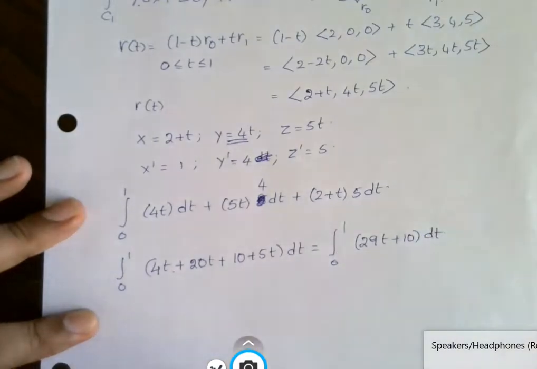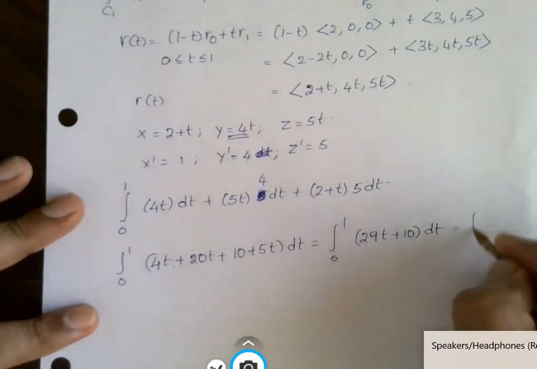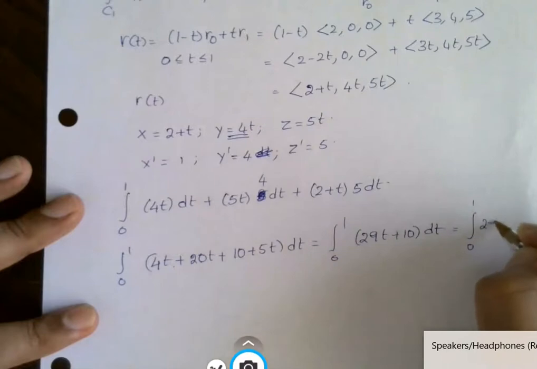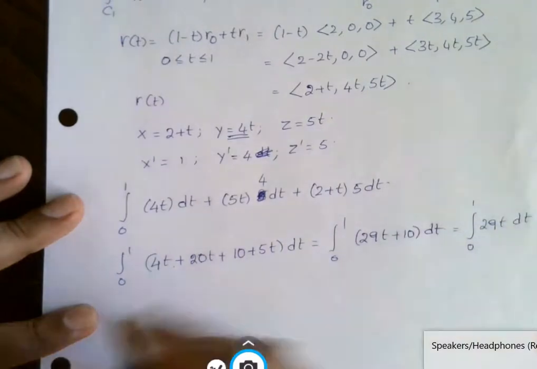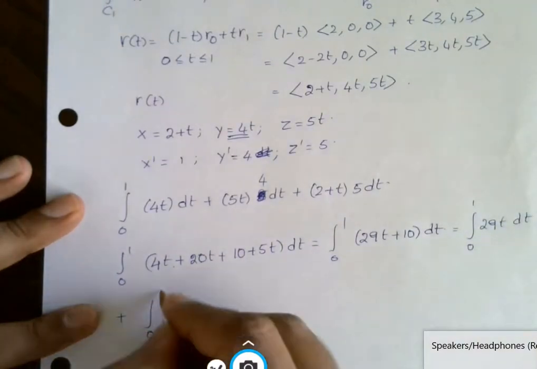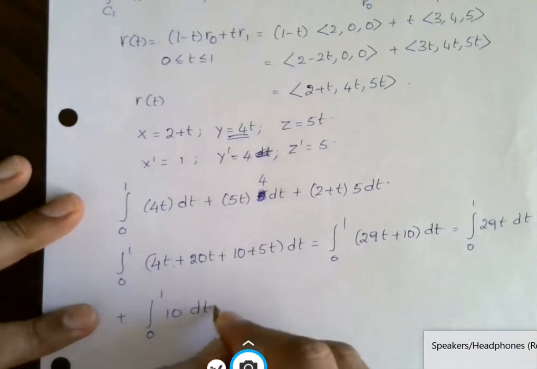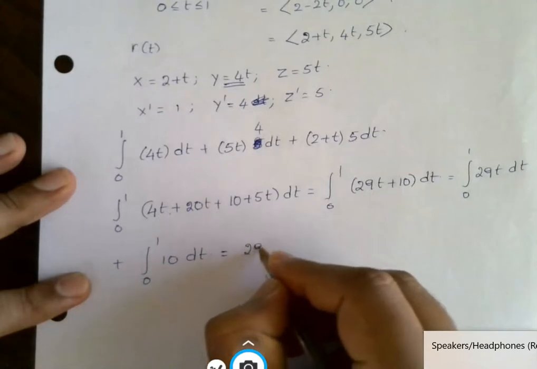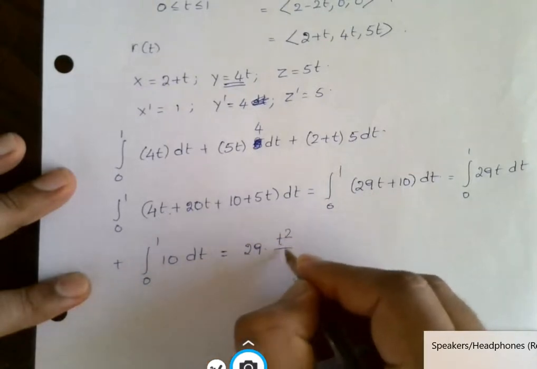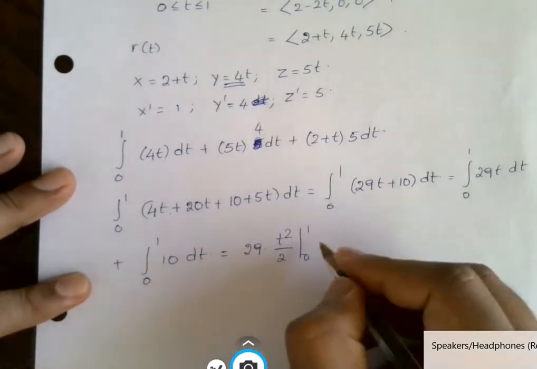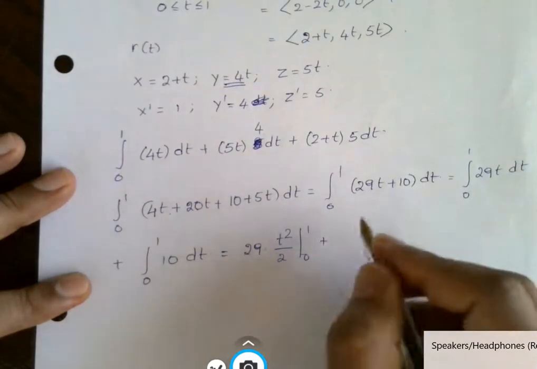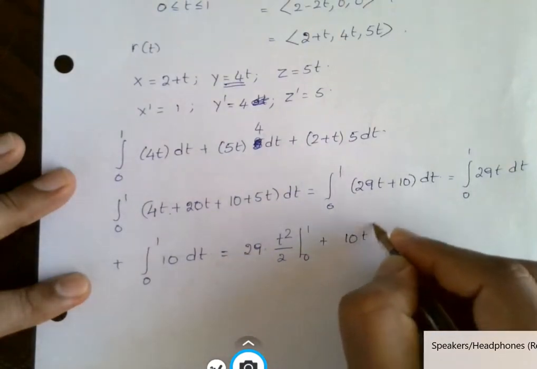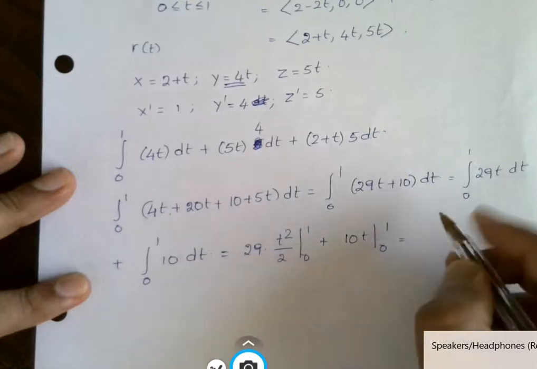Okay, so integrating term wise, integral 0 to 1 of 29t dt plus integral 0 to 1 of 10 dt. That's going to be 29 t squared over 2, where my limits of integration are 0 to 1, plus the other one is 10t, where my limits of integration are 0 to 1.